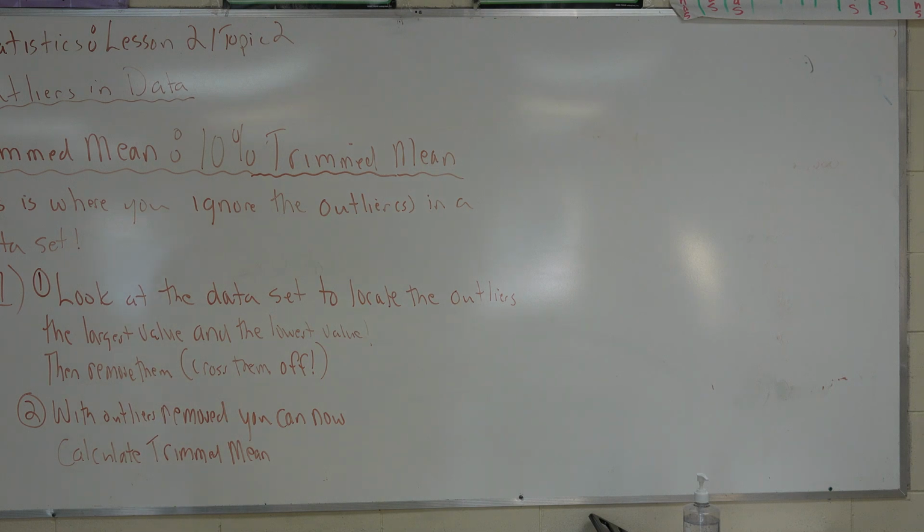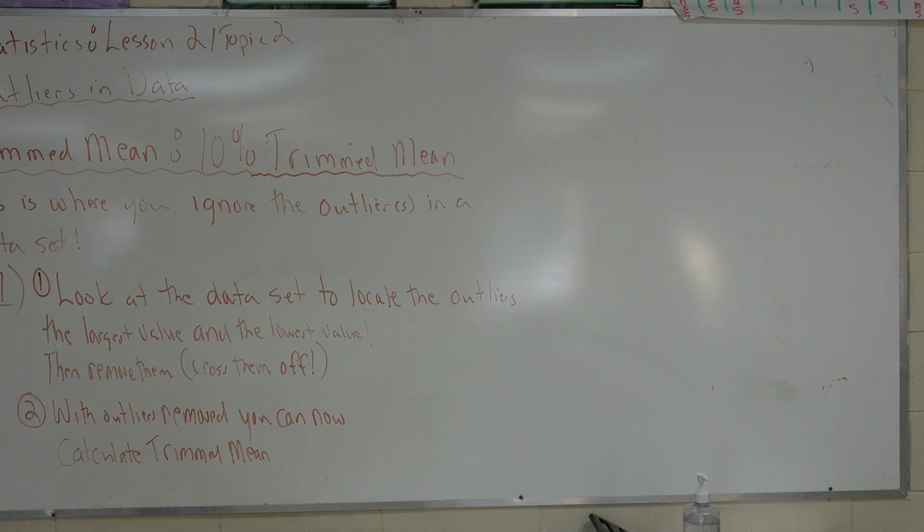For step 1, you look at your data set to locate the outliers, and we have 2 of them: 32 as the lowest and 156 as the highest. By taking those two pieces of data out, your data set, which was at one time 20 pieces of data, now becomes only 18 pieces of data. Then step 2: with the outliers removed, you can now calculate the trimmed mean.